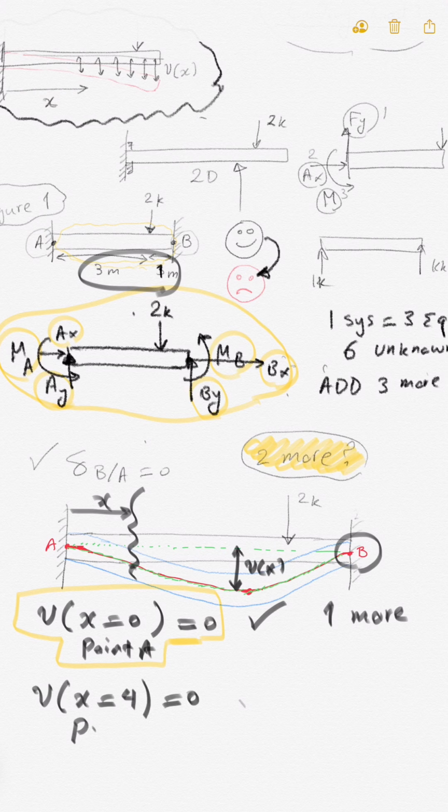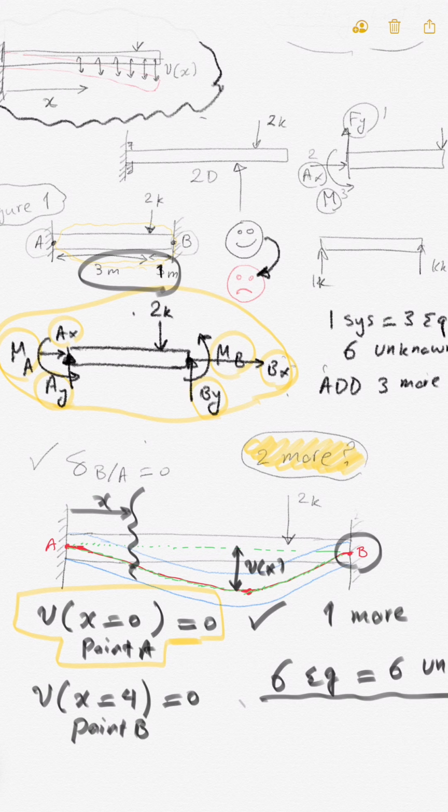This is point B. So this is 6 equations which handle 6 unknowns. Therefore, we are able to solve this problem, although it is statically indeterminate.